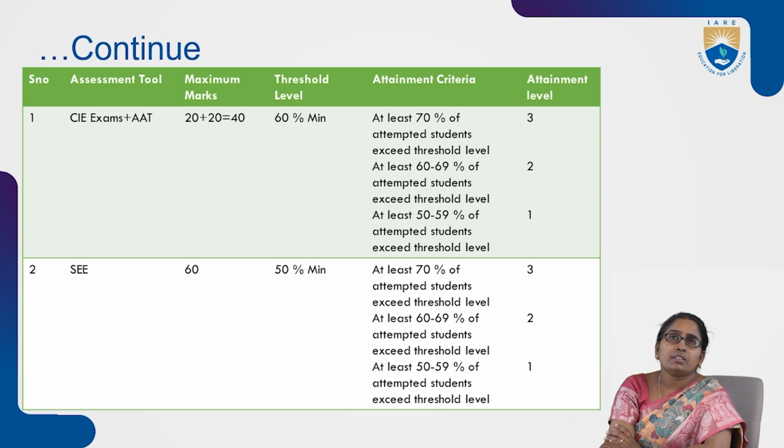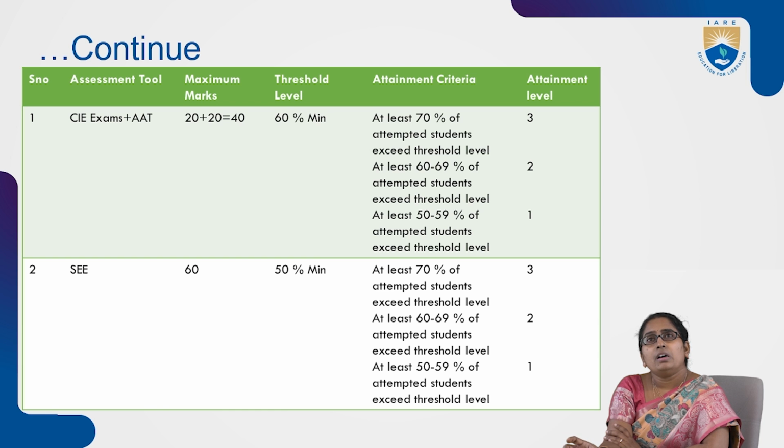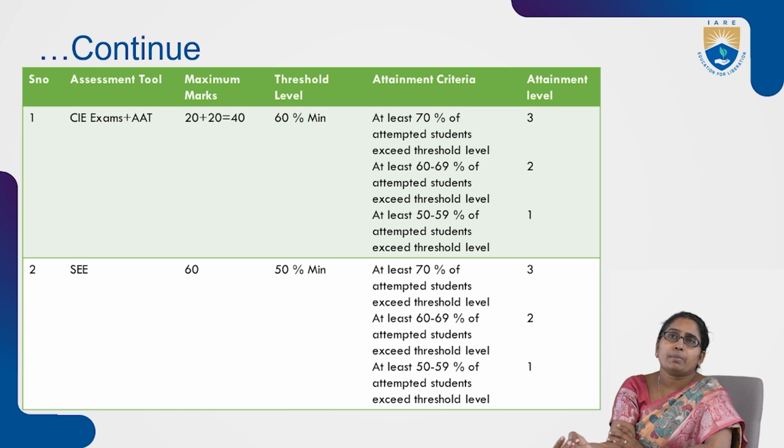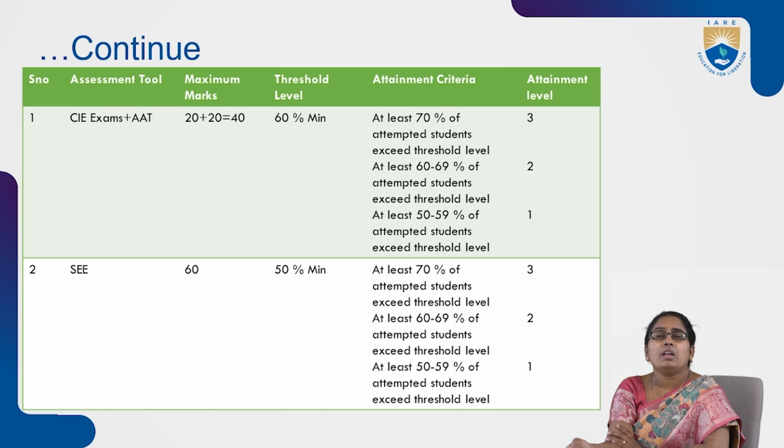Here the threshold level they take is 60% minimum. For that threshold level, if at least 70% of attempted students exceed the threshold level, then the attainment level is 3. If at least 60 to 69% of attempted students exceed the threshold level, then the level is 2, and if at least 50 to 59% of attempted students exceed the threshold level, the level is 1.